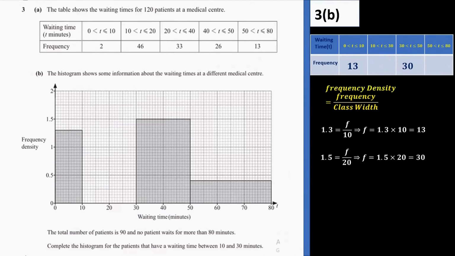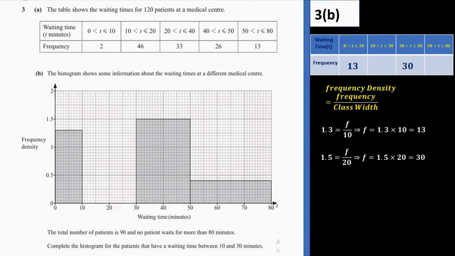Now the second class has the interval 10 to 30. We do not know that yet, so we are going to leave it. Let's go to the third one, the interval between 30 to 50. That bar rises up to 1.5, which is the frequency density.